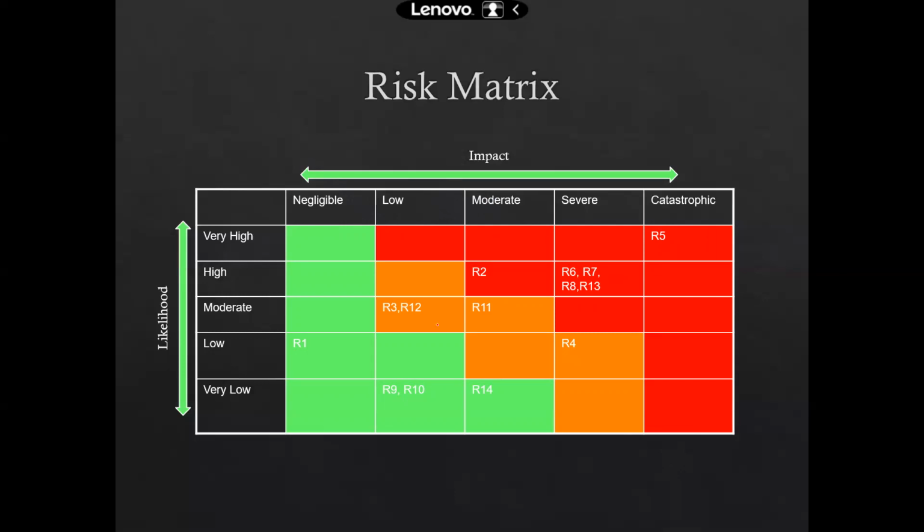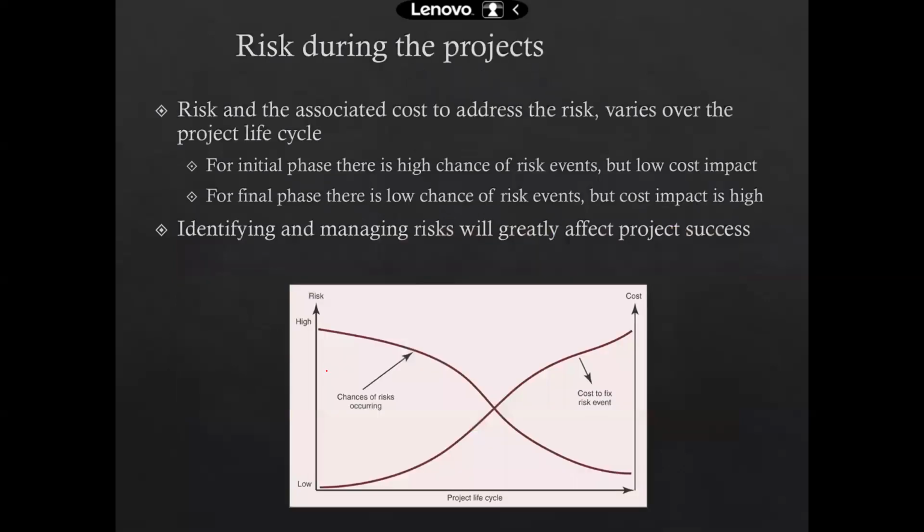And then there is a priority of R3, R12, R11, and R4, and then R1, R9, R10, and R14. So this is basically the P&I matrix through which we can categorize our potential risks as high, medium, and low.